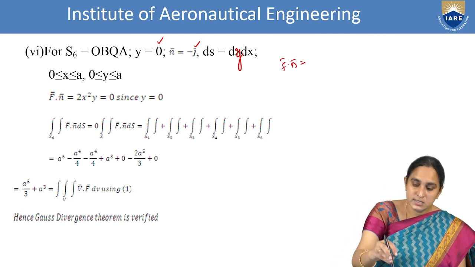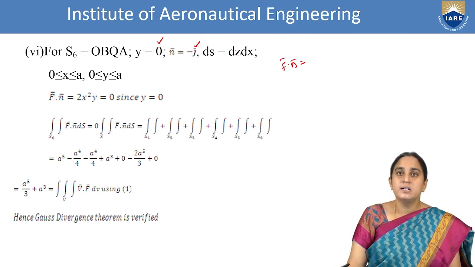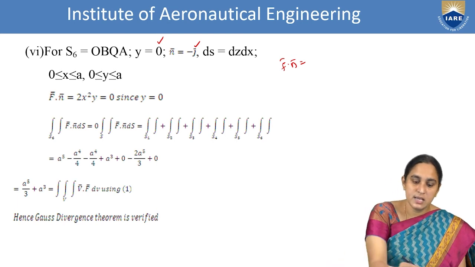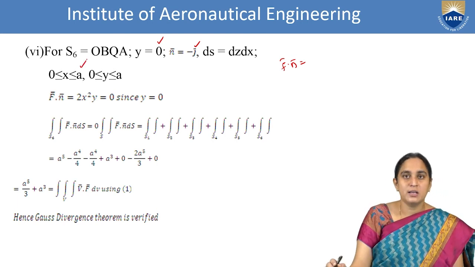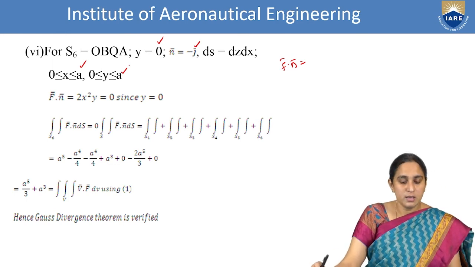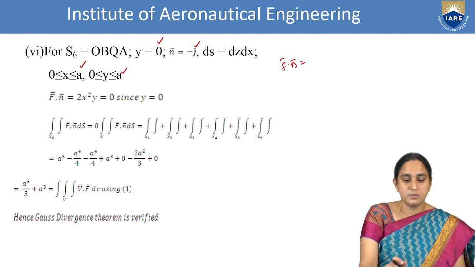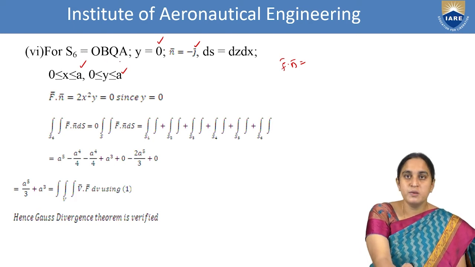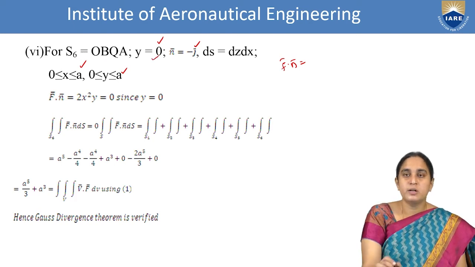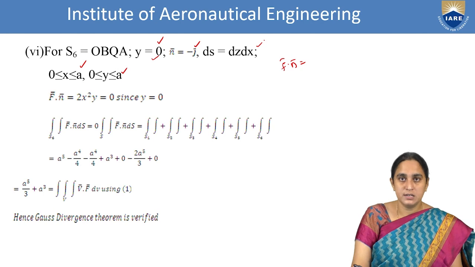And ds is equal to dz dx. X limit points 0 to a, correct? And y limit points 0 to a. Okay, this is the correct one only. What I discussed in the previous is not right. Here S6 is OBQA and y limit point is 0 and n bar is equal to minus j bar and ds is dz dx.